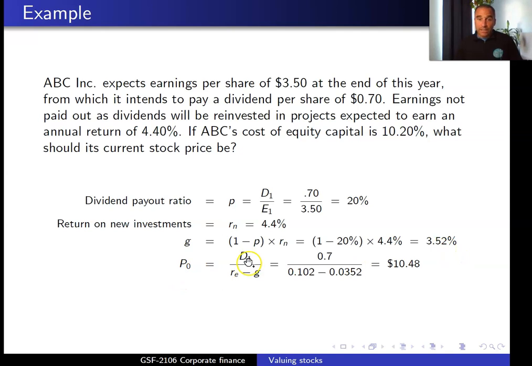The price is next year's dividend over the cost of equity capital minus the expected growth rate. So 70 cents divided by (10.2% minus 3.52%), which gives $10.48.